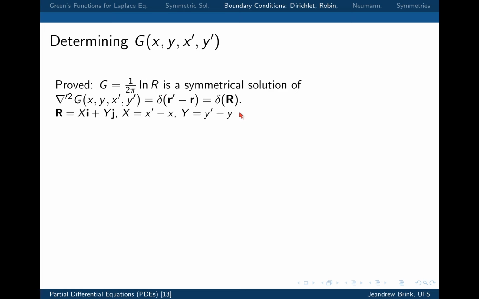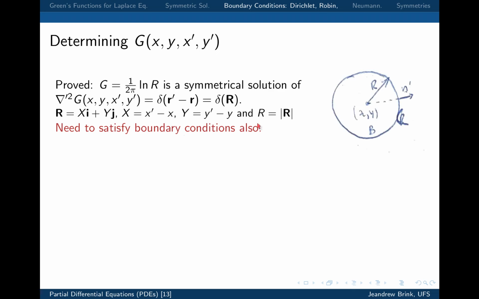So you have R equals x plus y, where this big X is merely the coordinates that are now centered at x and y, and the difference between the two. It was that very nice little picture that looked like this. So the symmetrical solution is this situation. This solution works only if you are on an infinite domain and in other special cases.